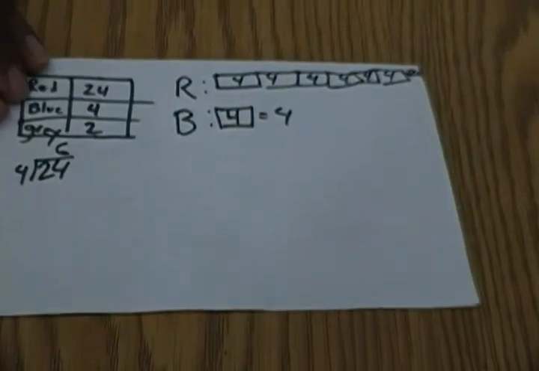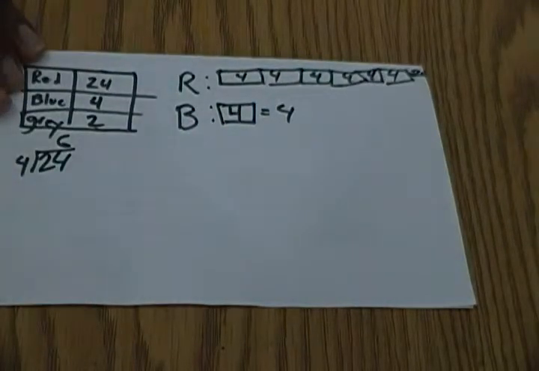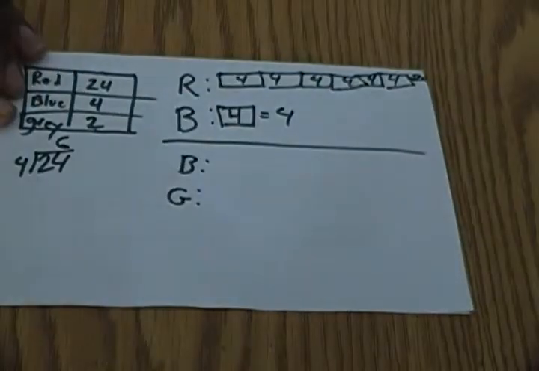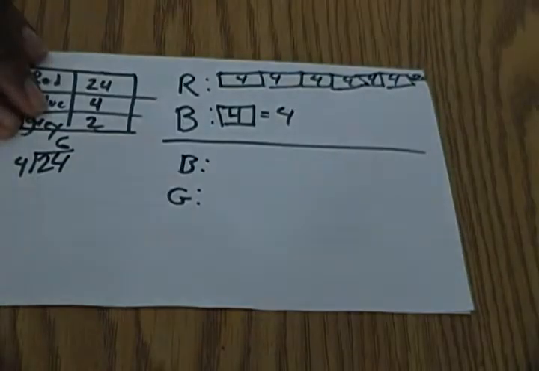Just to quickly do a second one, let's say blue versus gray. Let's draw a line. We know that 4 people like blue, 2 people like gray, so 4 divided by 2 equals 2. So we know 2 times as many people like blue than gray.